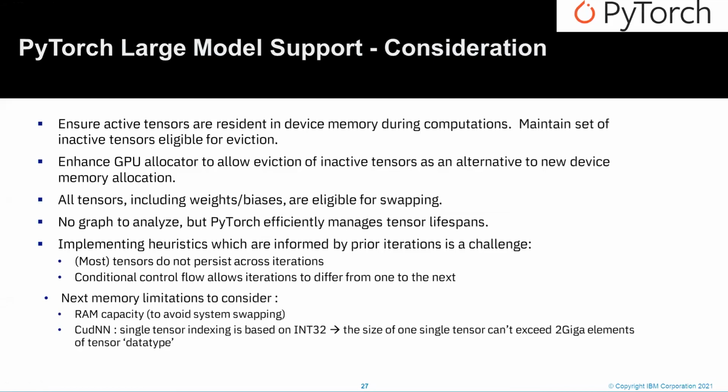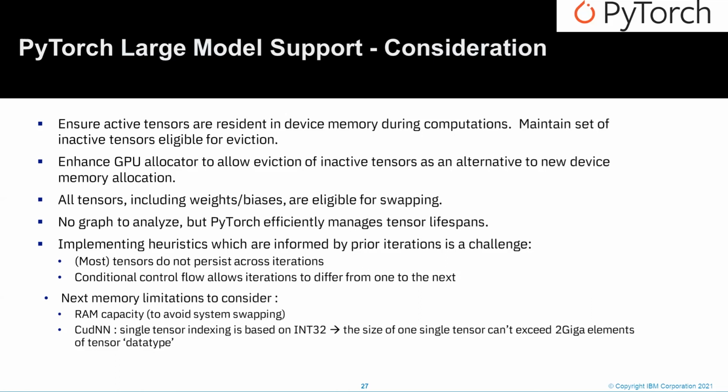But there are some considerations to bear in mind. We have to ensure that active tensors are resident in the device memory during the computation. You also have to enhance the GPU allocator to allow eviction of inactive tensors.